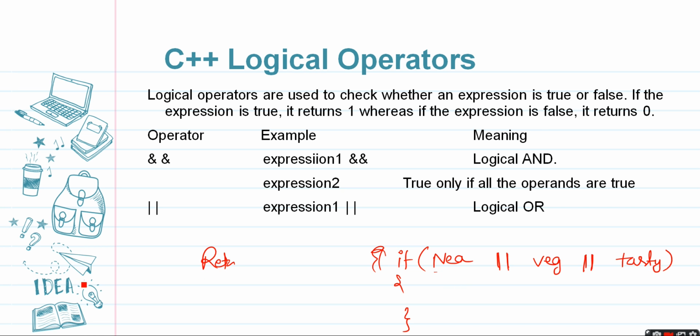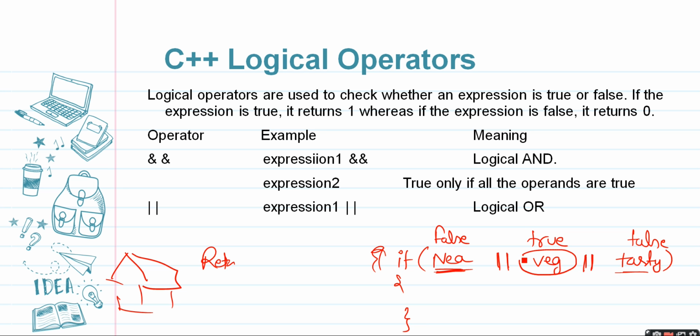Let's say this restaurant is not near my house, so it is going to return false, right? But it is a vegetarian restaurant, so it is going to return true. But it doesn't have tasty food either, so it is going to return false. So you can see that we have two expressions which return false, but only one expression returns true.